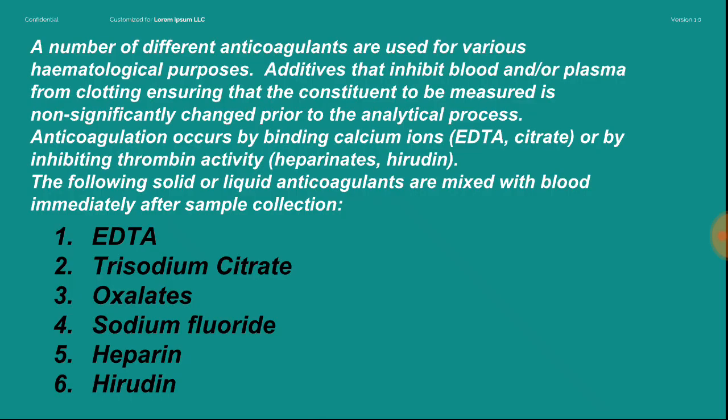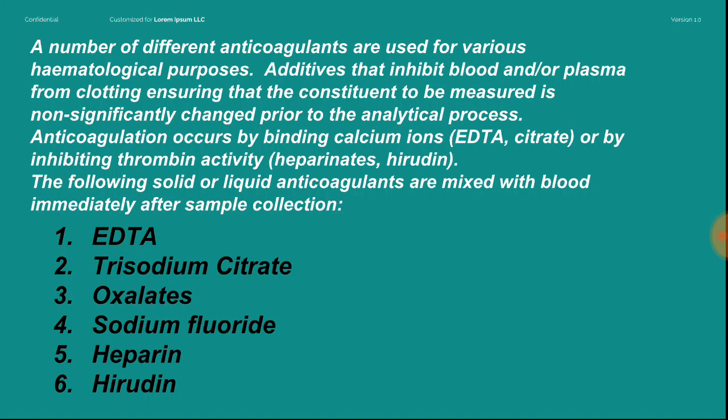A number of different anticoagulants are present and used for various hematological purposes. They inhibit the blood and/or plasma from clotting, ensuring there is no significant morphological change for the analytical process.